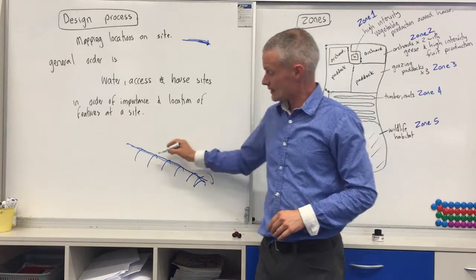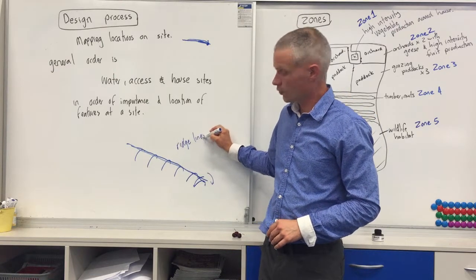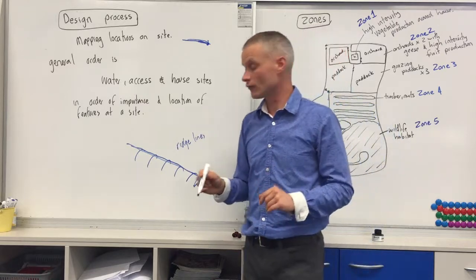So access is either along ridge lines or on contour or slightly off contour.